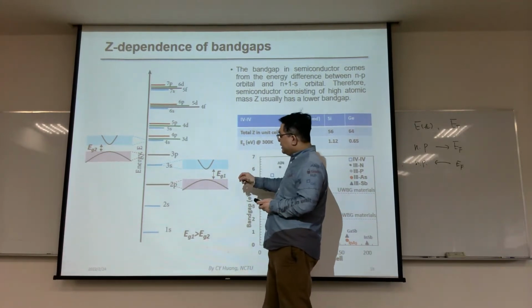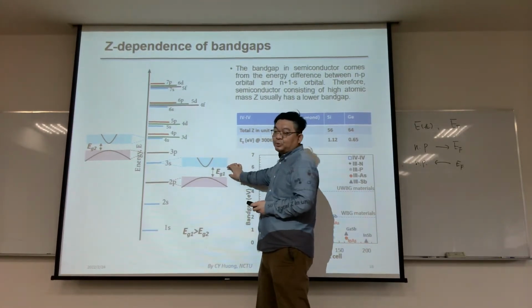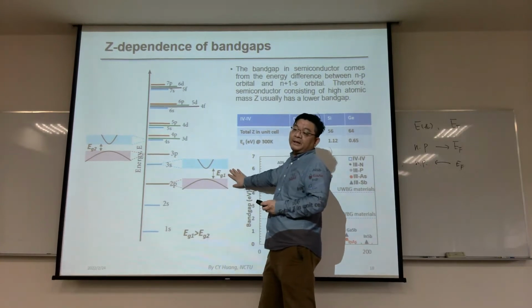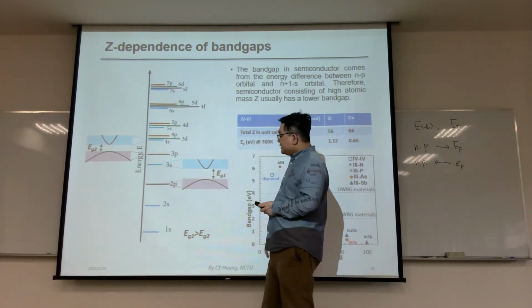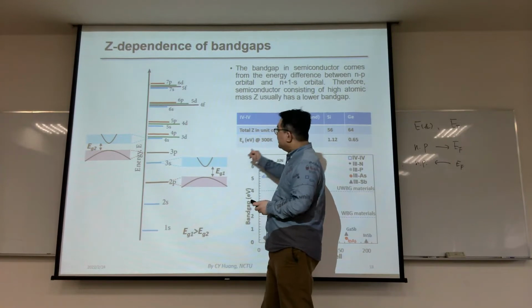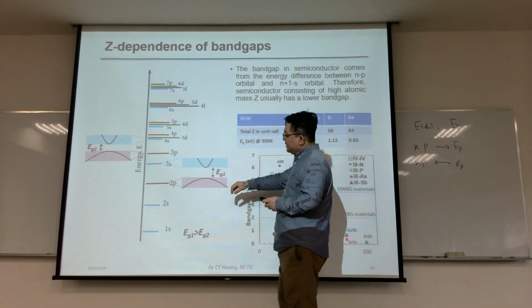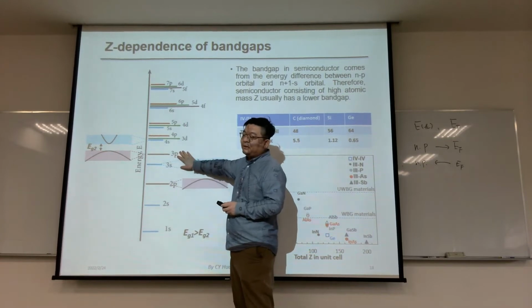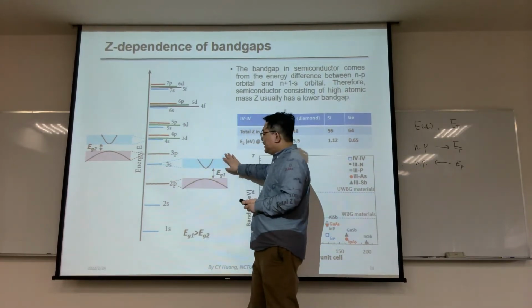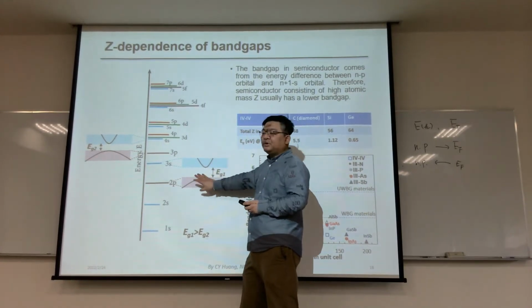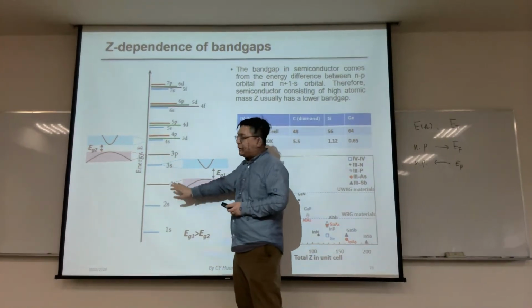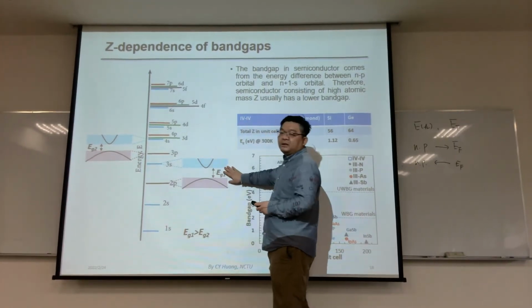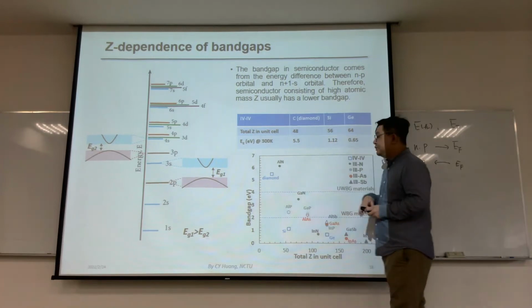Then the energy difference between them becomes your band gap. Alright. So if you are mixing with lighter elements, you are mixing your conduction band and valence band with s and p orbitals with smaller quantum number. So from this figure, you would expect the band gap to be larger.